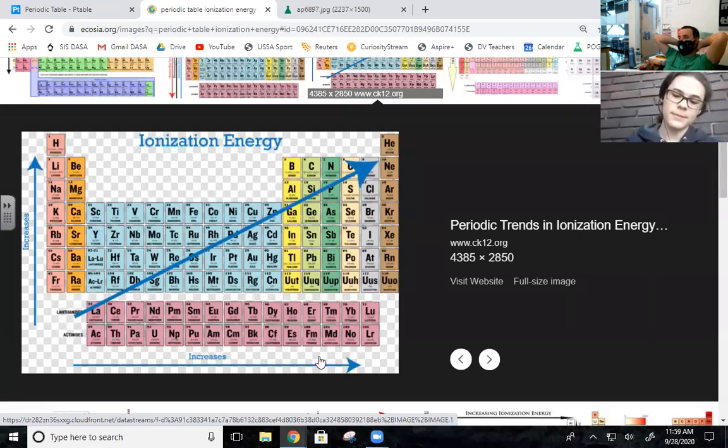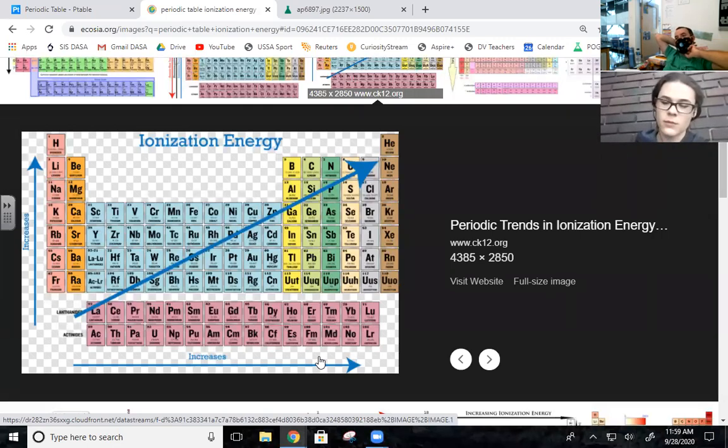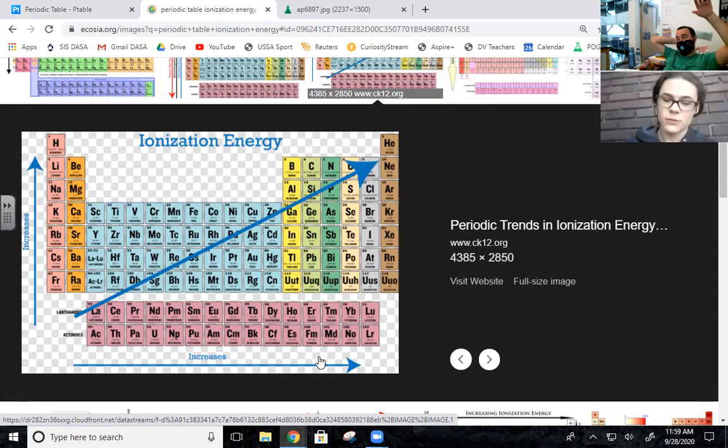And what we mean by harder is requiring more energy. Okay? So ionization energy increases going up and to the right. Yes, up and to the right.